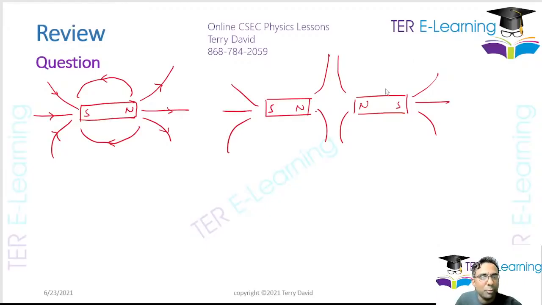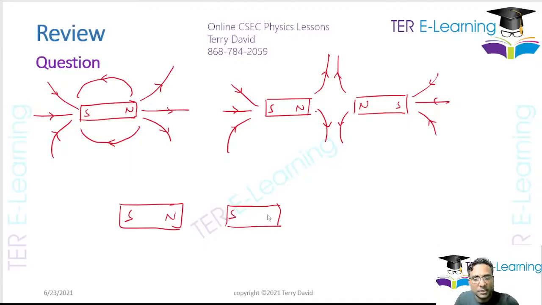Now the arrows are important, so you need to put the arrows pointing like this, right? Arrow pointing towards, right? So this is 2 North poles facing each other. And then we also need to draw the field between a North Pole and a South Pole.